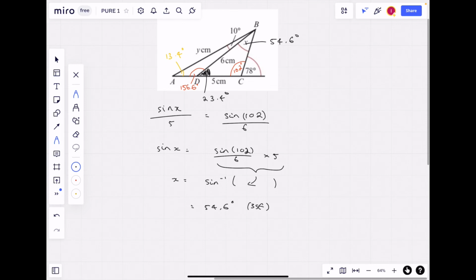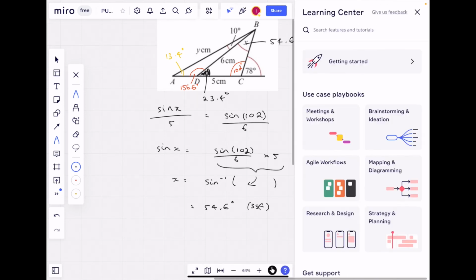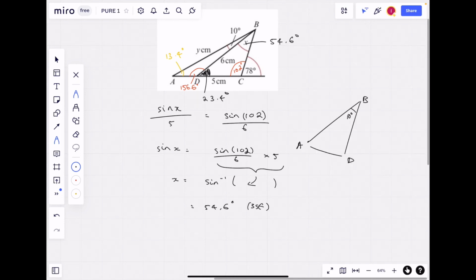Just looking at that triangle, A, B, D, we've now got 6 centimeters, 156.6 degrees, 13.4 degrees, and Y. We want to work out Y. So we can make use of big D and small d, and then big A and small a.